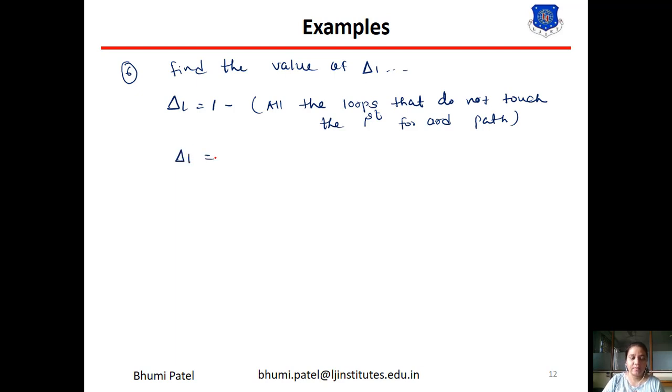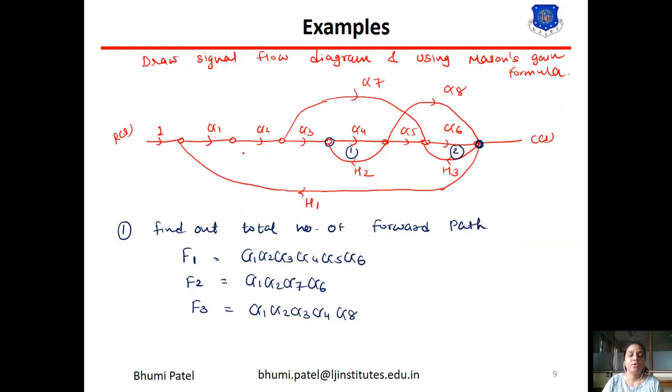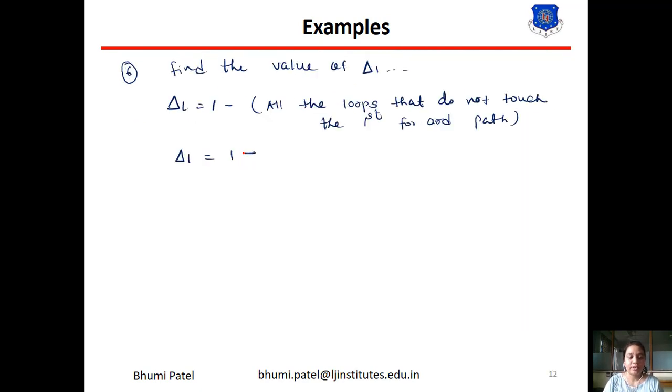Here you can see that all the loops touch the first forward path, so the answer is delta 1 is equal to 1 minus 0, which is equal to 1.